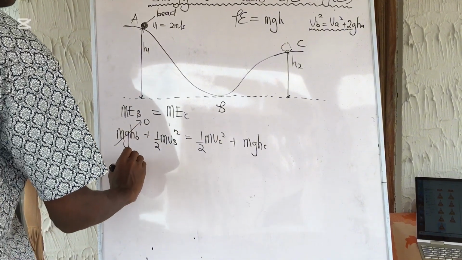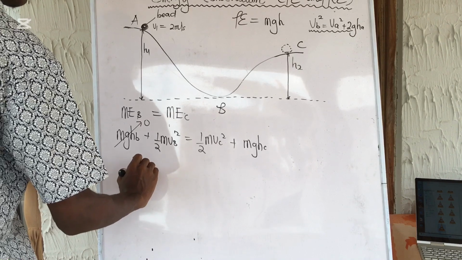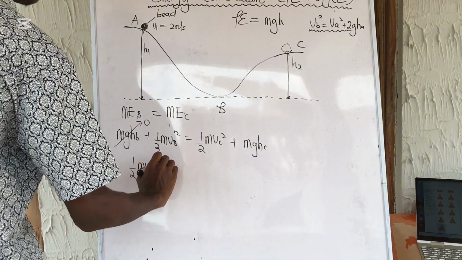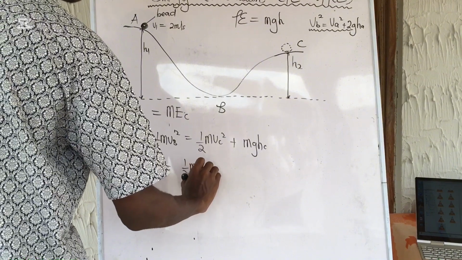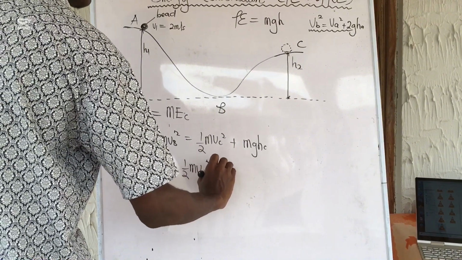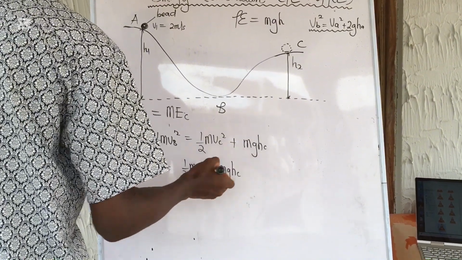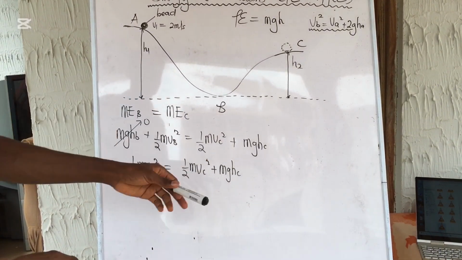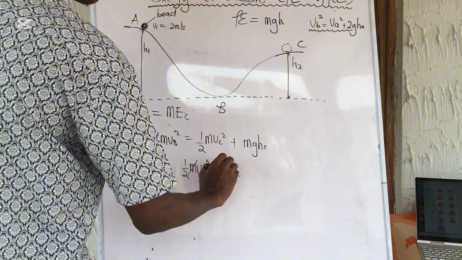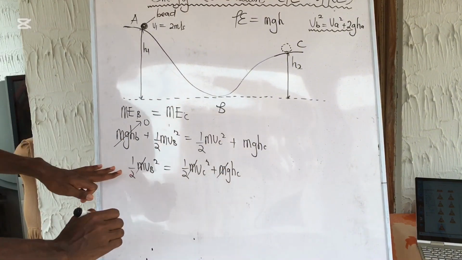So now half mvb square is equal to half mvc square plus mjh at point C. Then our mass too is not important. We can cancel the mass out. So all these masses will cancel out.